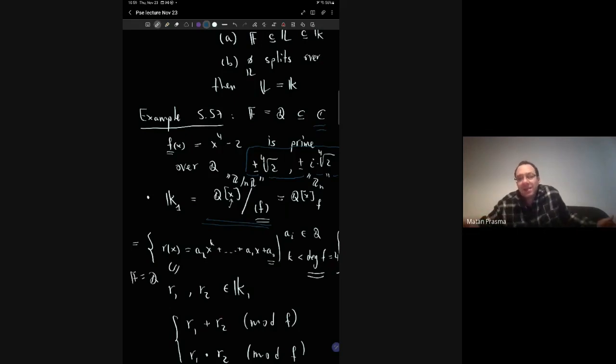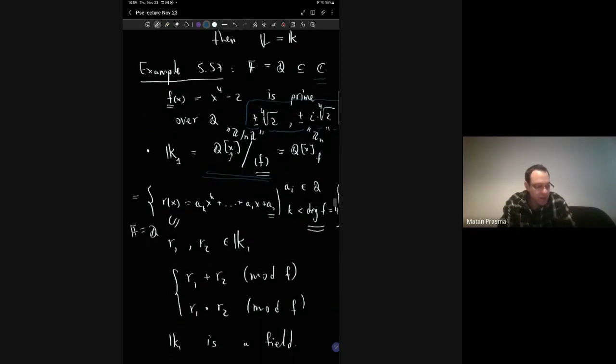That's the only thing I can do abstractly. And this construction does exactly that. It adds a new symbol that is a root of the polynomial f. That means it satisfies the algebraic relation f of this element, f of alpha. Let's call it alpha.